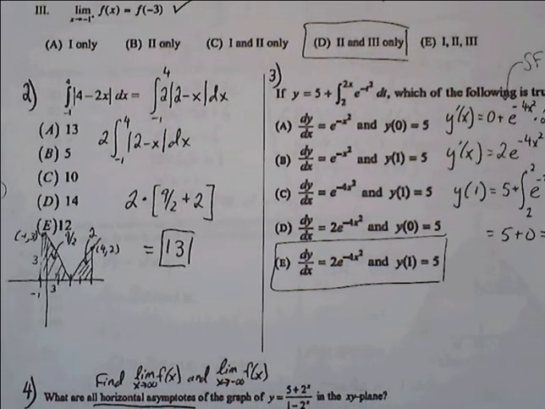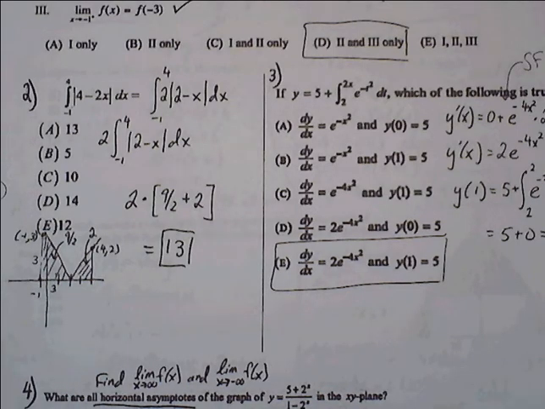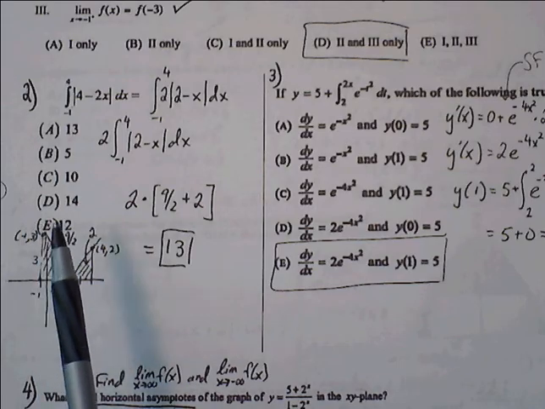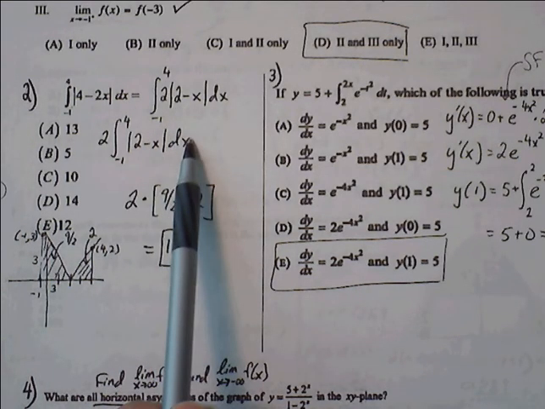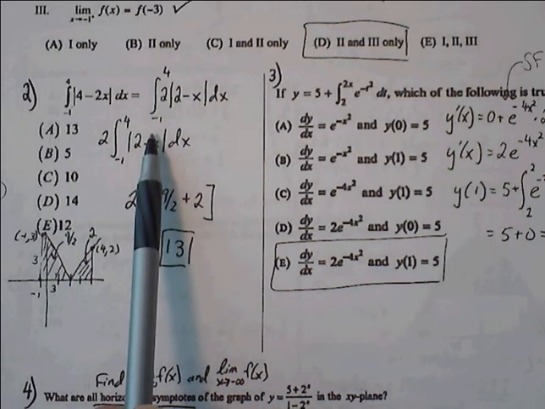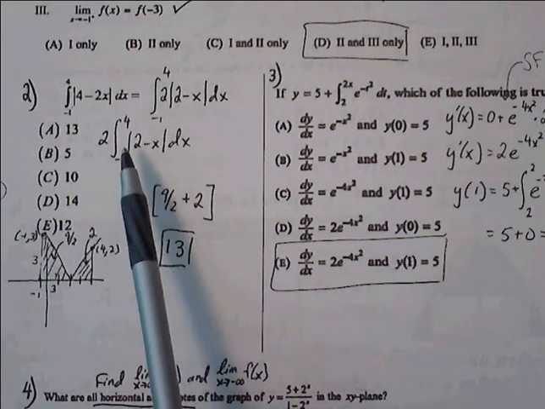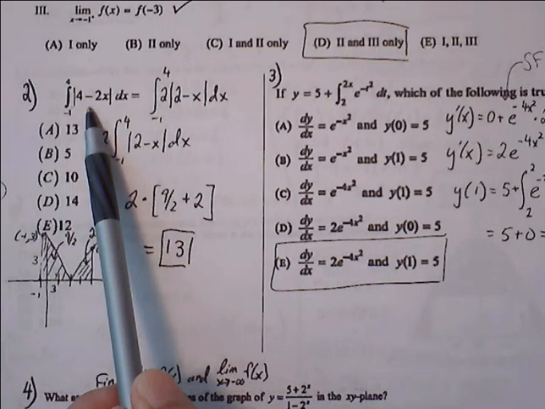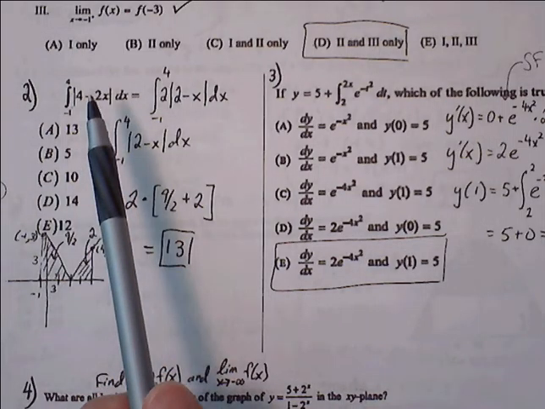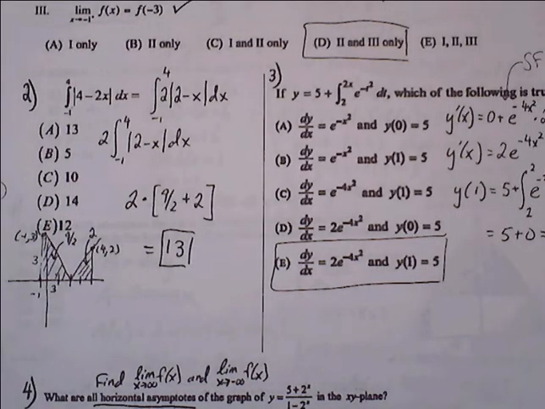Number 2, the integral of the absolute value of 4 minus 2x from -1 to 4 is equal to. One thing we can do is split this up into 2 piecewise functions and take the integral from -1 to 2 and then from 2 to 4, because essentially an absolute value function is made up of 2 linear graphs, two straight lines.